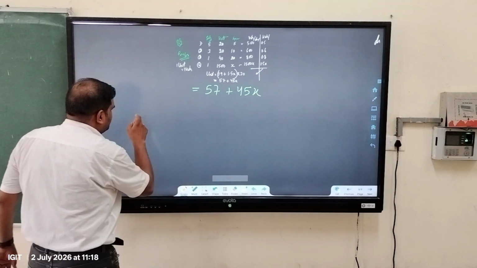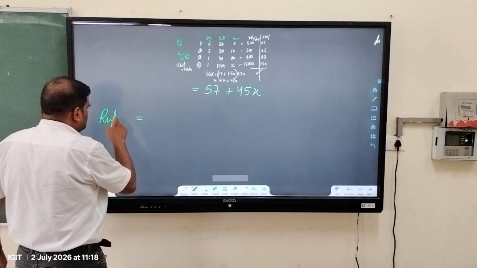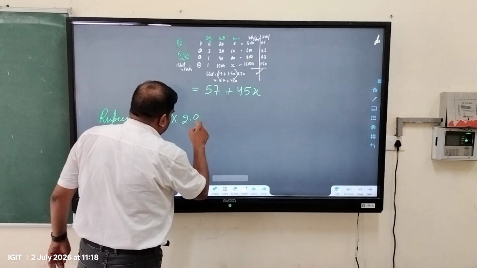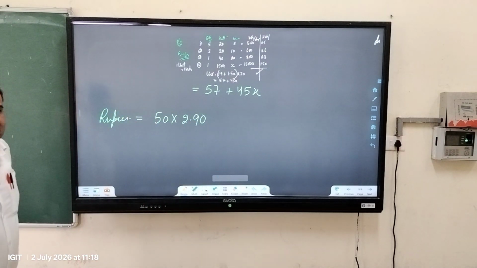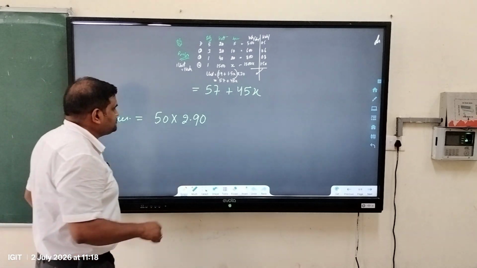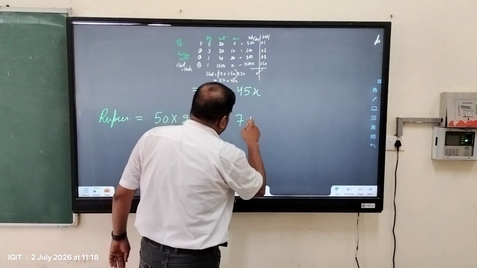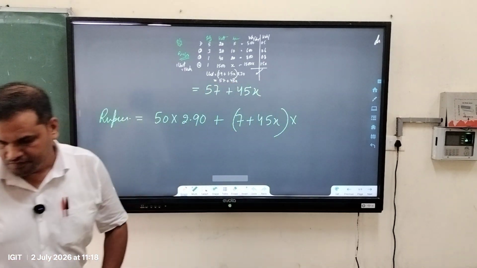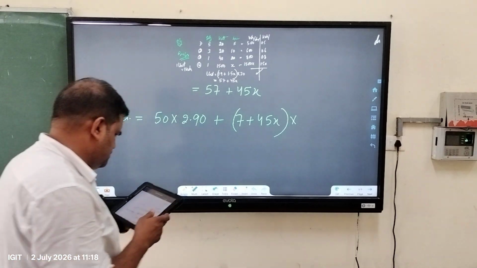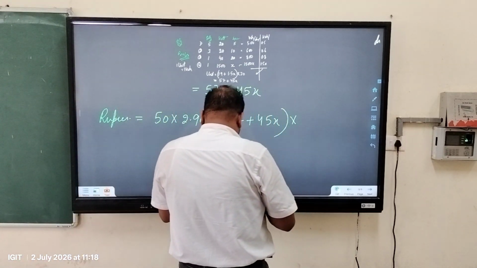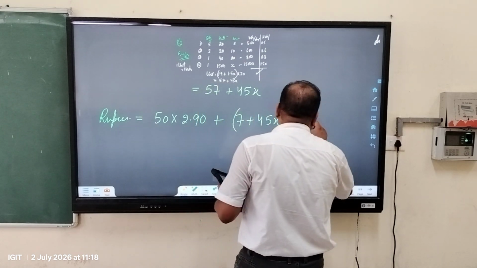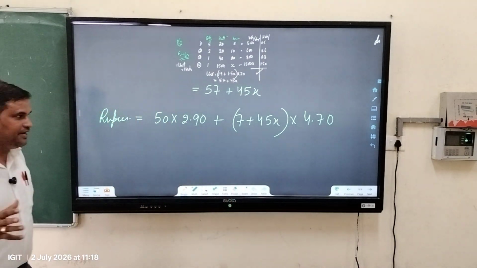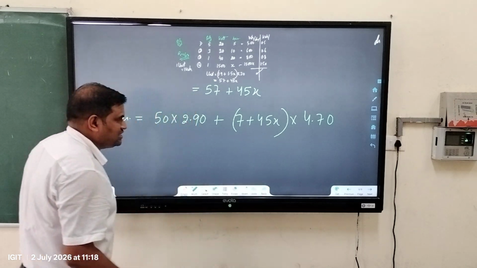If you see your household electricity bill, you will find the first 50 units you have to pay 2 rupees 90 paisa each. So for 57 plus 45x units, the first 50 units you will pay 2 rupees 90 paisa. The rest, 7 plus 45x, you have to pay 4 rupees 70 paisa.